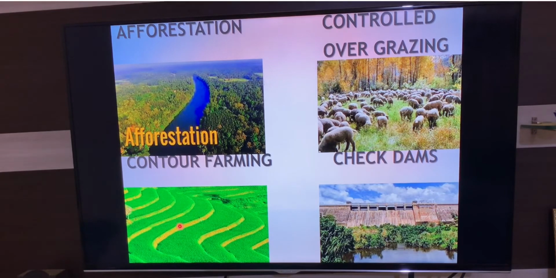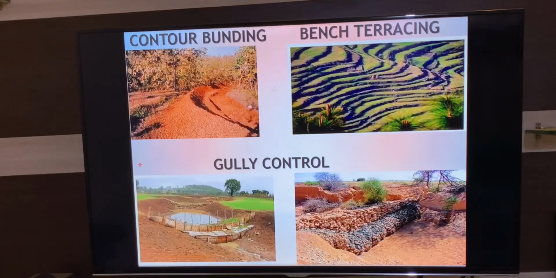Third picture is regarding contour farming. Last one is check dams. Then contour bunding, bench terracing, gully control.